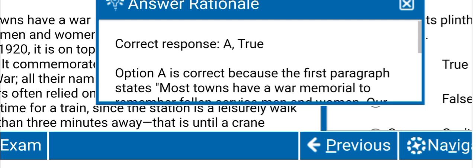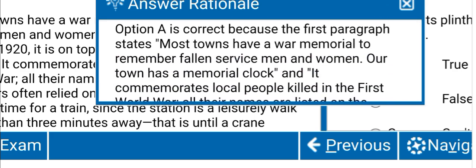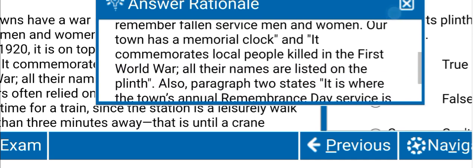Option A is correct because the first paragraph states most towns have a war memorial to remember fallen servicemen and women. A town has a memorial clock and it commemorates local people killed in the First World War.